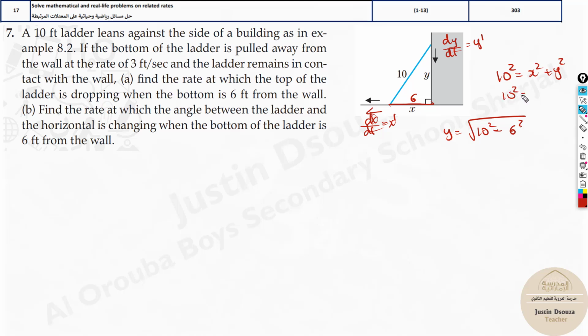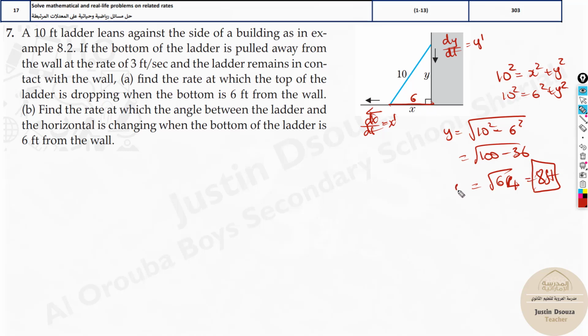We know the value of x squared, that is 6 squared plus y squared. So take the 6 squared to the other side, it becomes minus, and take the square root. It'll be 100 minus 36, which is 64. So here you will have 8. Square root of 64 is 8 feet.